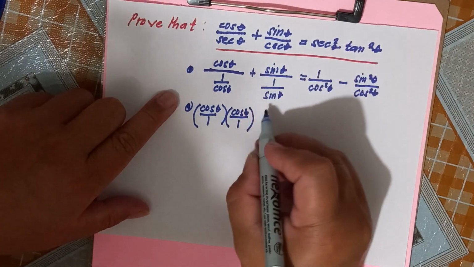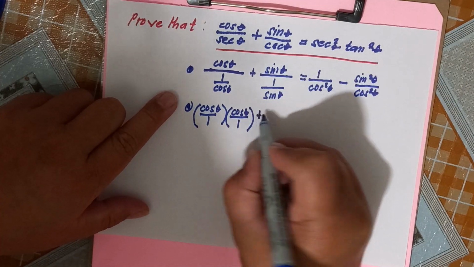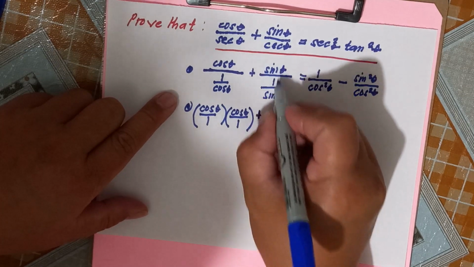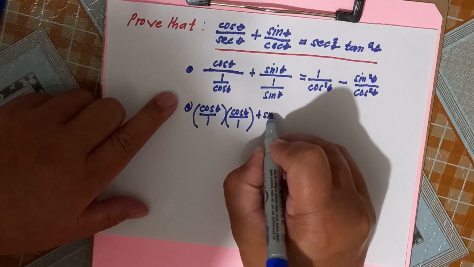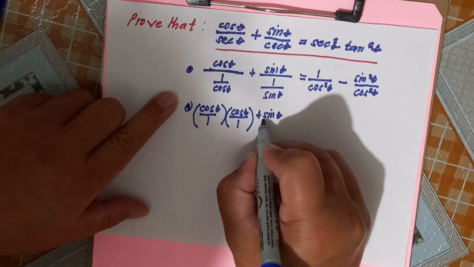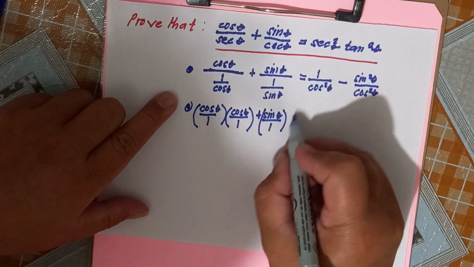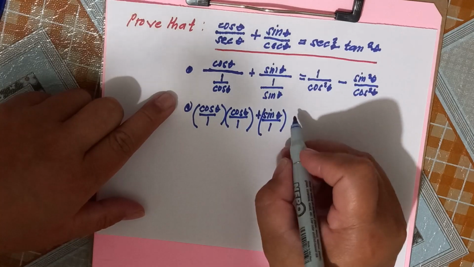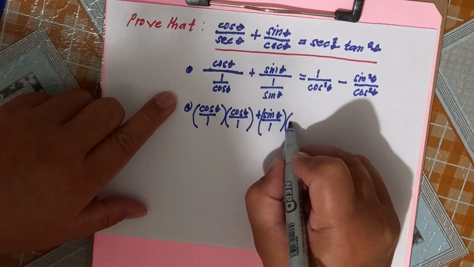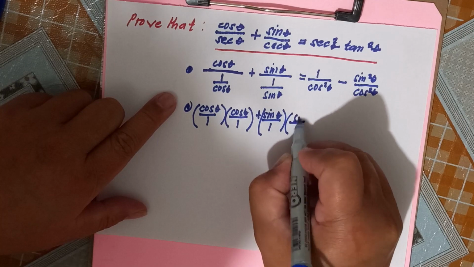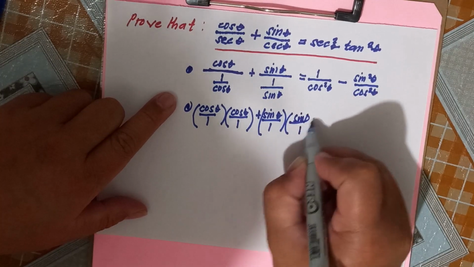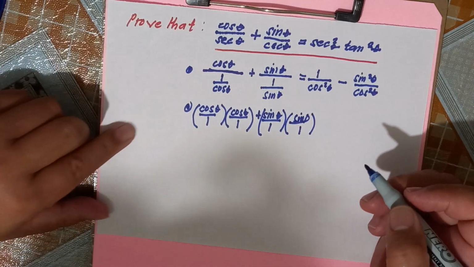Now what about this one? The same procedure. That is the same as sine theta over 1 multiplied by the reciprocal. What is the reciprocal? Sine theta over 1.